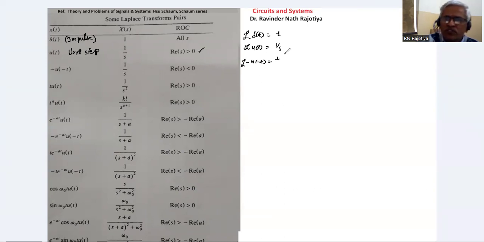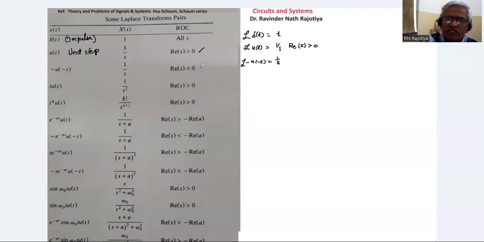So what do you see from both of them? That the Laplace of u(t) and Laplace of minus u of minus t are both 1 by s. The difference is in the ROC. In the first case, the ROC exists only if the real part of s is greater than 0.